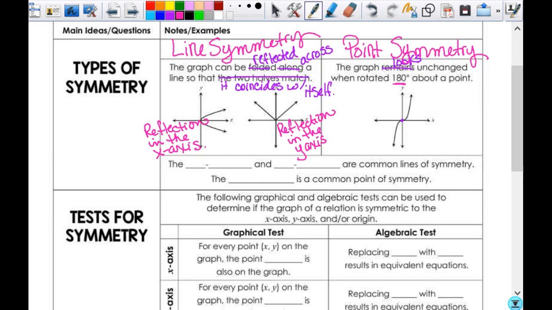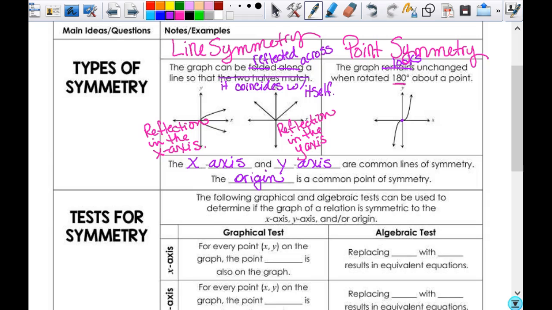All right. So the x-axis and y-axis are common lines of symmetry, and the origin is a common point of symmetry. So it's said that way because really a graph could have a line of symmetry that could be any line, but we only care about the x and y axis right now.